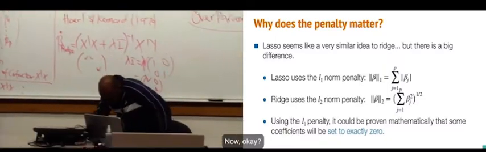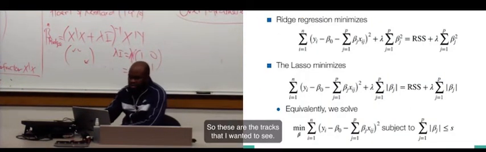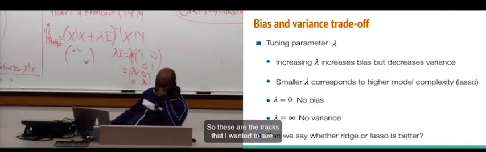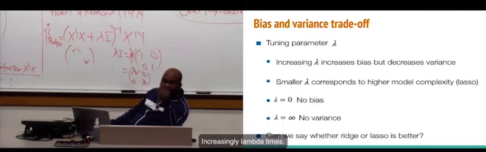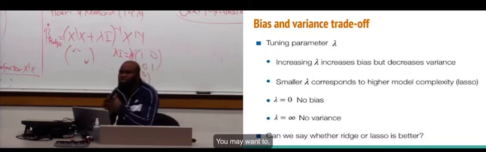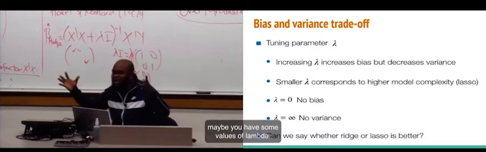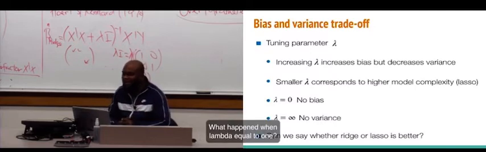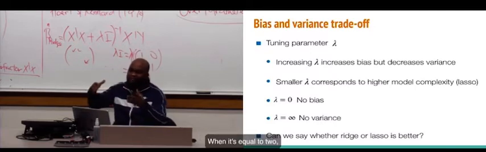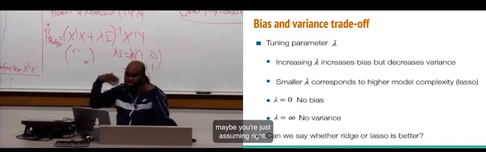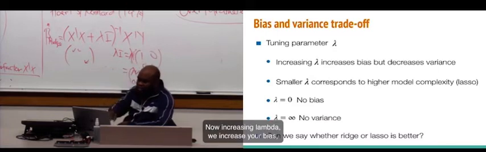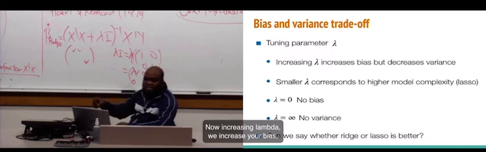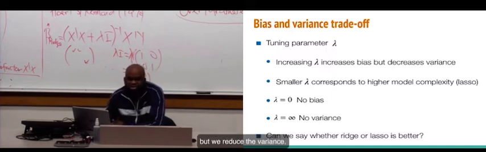Now, this is another thing I wanted to cover: increasing the lambda. At times you may have some values of lambda. When lambda equals 0.5, what happened? When lambda equals 1, when it's equal to 2, maybe you are just assuming, right? Increasing the lambda will increase your bias, but will reduce the variance.